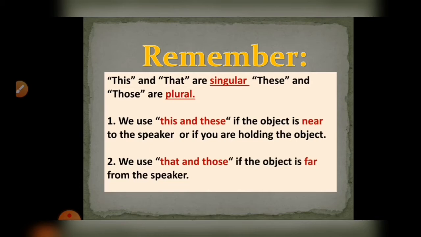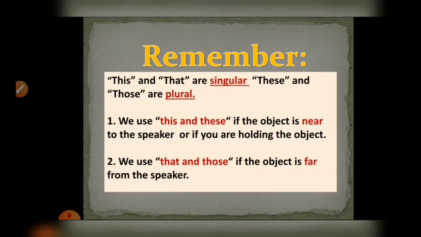We use this and these if the object is near to the speaker or if you are holding the object. Meaning you are touching it with your hands. So for example, you are holding the pencil. The pencils are in your hand. So it's near you. Okay? So that's how we use the word this.